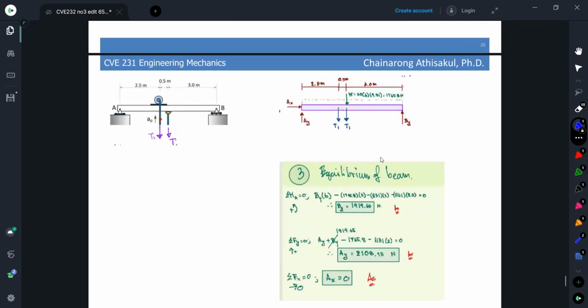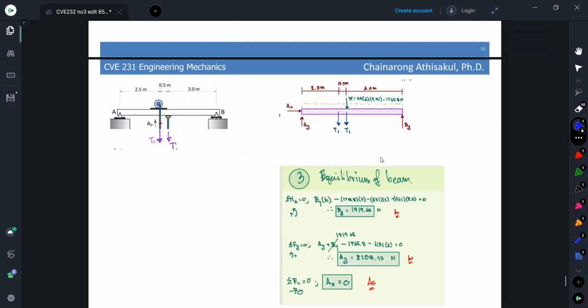And then finally, we consider the beam that is subject to tension T1. We have 2T1, so from this we can draw the free body diagram of the beam like this. That becomes a static problem. We have T1 and 2T1 located in these positions.